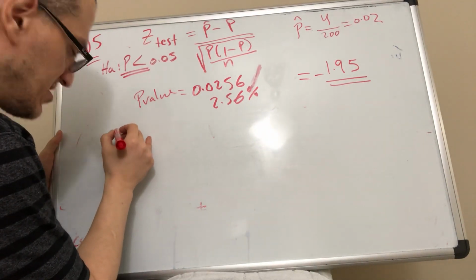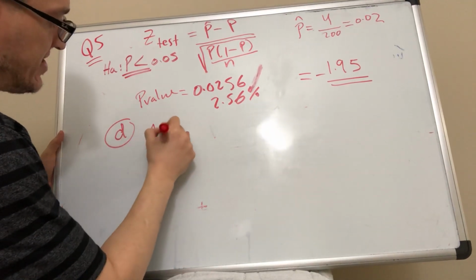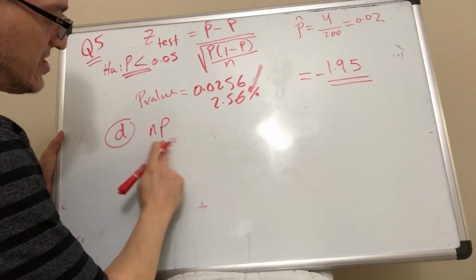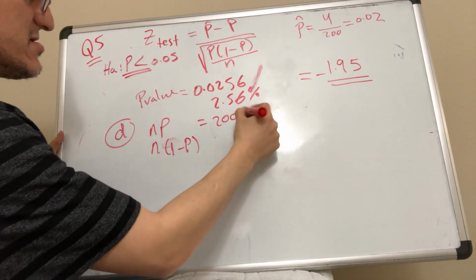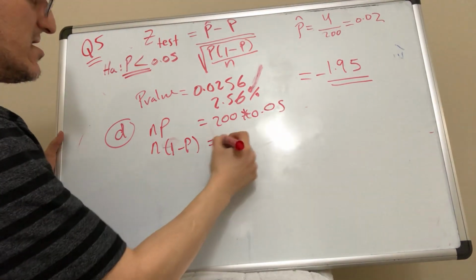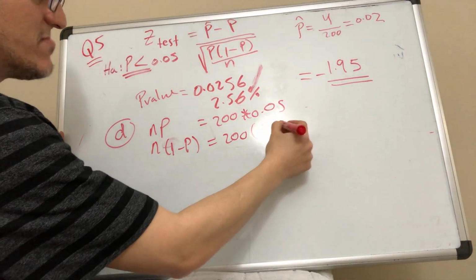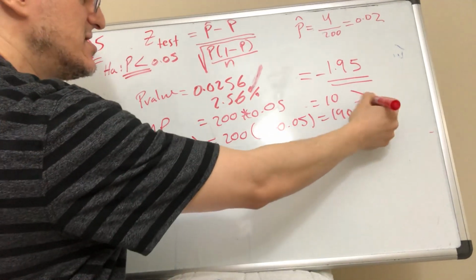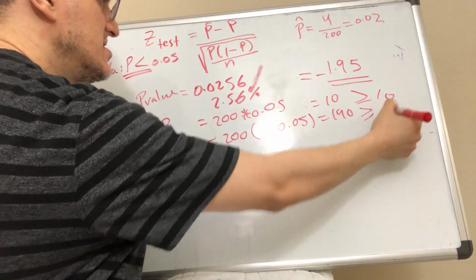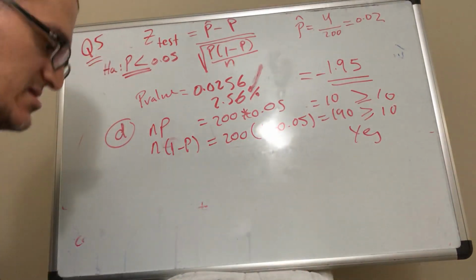So you go np and n times 1 minus p. That's 200 times 5%, and 200 times 1 minus 5%. This gives you 10 and 190. At least 10, then yes, the condition is satisfied.